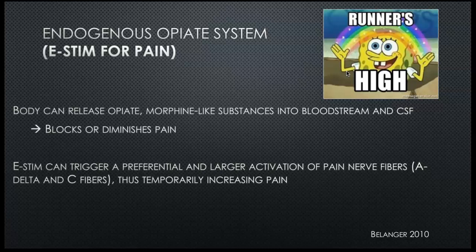Certain types of e-stim can trigger preferential and larger activation of those pain fibers. Basically, they can irritate an area on purpose and increase pain temporarily. Your body will kick into savior mode and release endogenous opiates in that area.